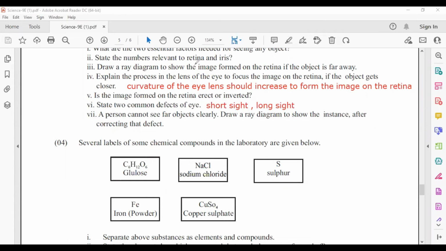Here I am going to draw the ray diagram now. This kind of concave meniscus lens should be used if any person is suffering from short sight.